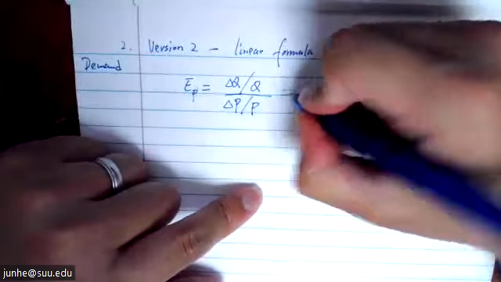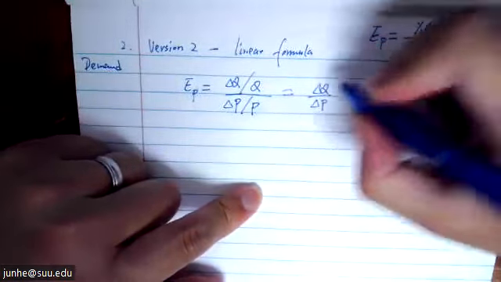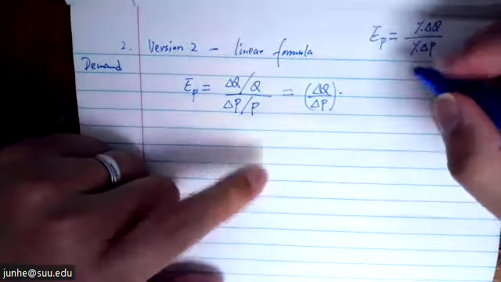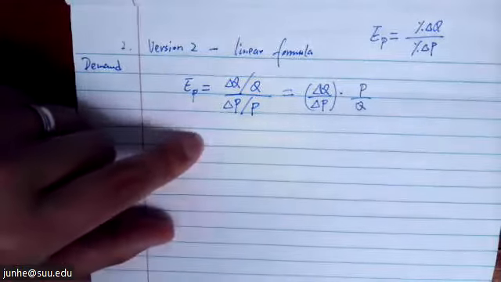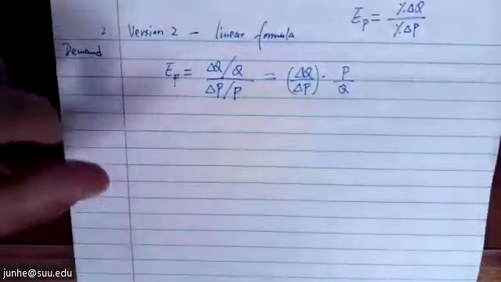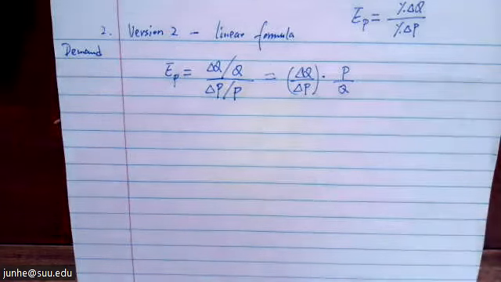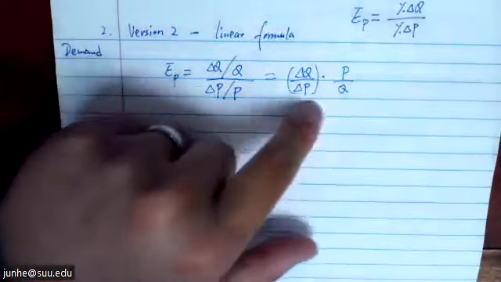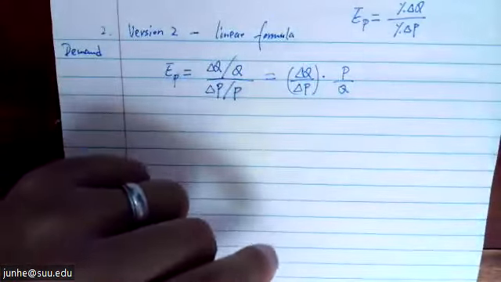And then we rearrange this. We have delta Q over delta P multiplied by P over Q. Okay, so just pay a little extra attention. This one seems to have 4 parts, but actually only 3.